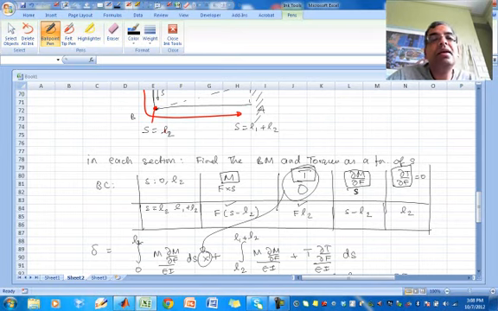Calculating M and T are the real crux of this matter.